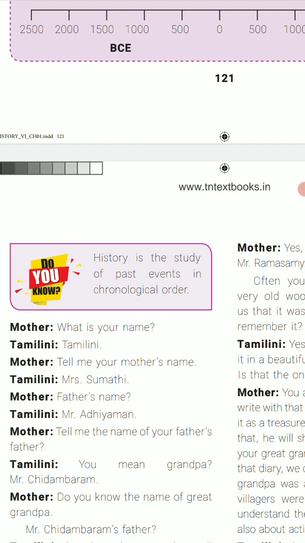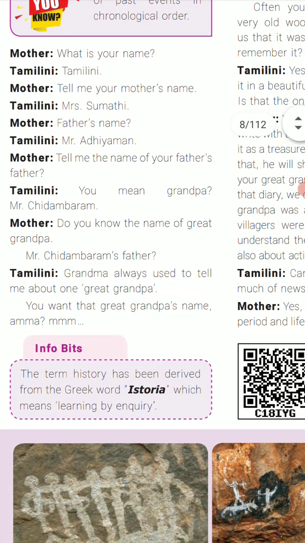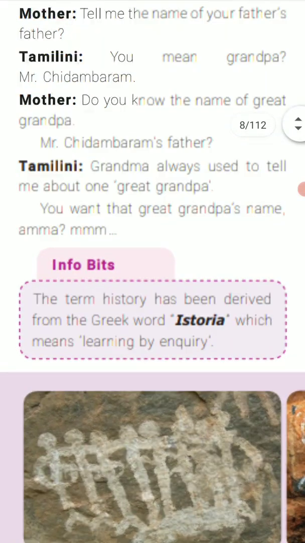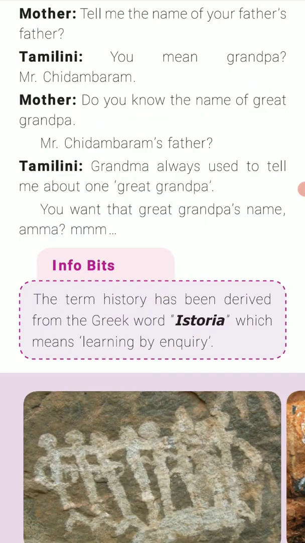So that is the meaning of history. Next we see the term history. The term history has been derived from the Greek word historia, which means learning by enquiry.